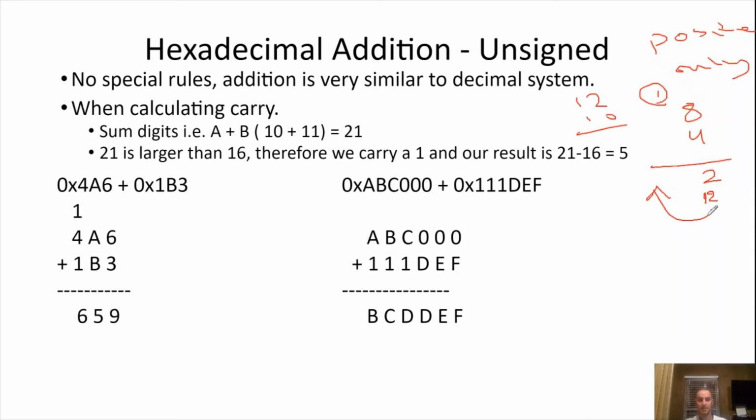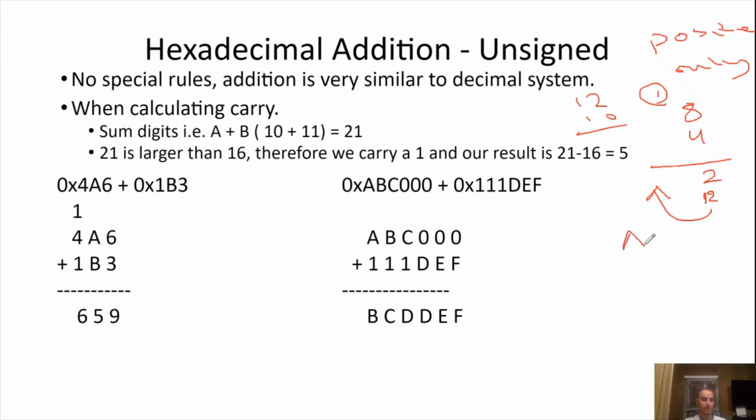So in base 10, we are subtracting 10 from this number and we get 2. So 2 gonna end up here, and that 1, it's gonna be on the next, on the more significant one, because that's always a value. So in base 16, it's gonna be the exact same thing. So here we have a plus b.